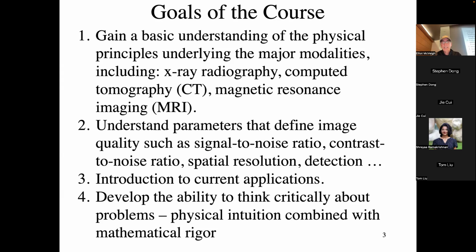We'll look at some applications of CT and MRI. Usually we'll put one lecture together that's just straight up clinical applications, what's done with this stuff. Ideally, at the end of this, you'll be able to look at an imaging system and think critically about how it could be improved. What are the features of this imaging system that seem to be its limitation, so that you can't make the picture better for whatever reason?